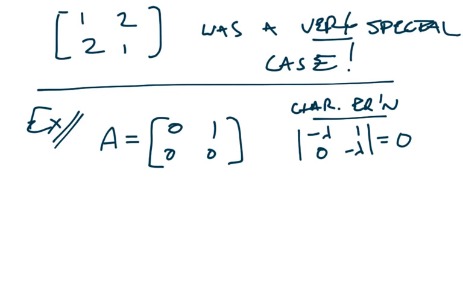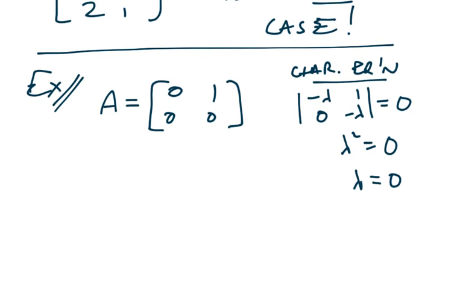And what we end up with here is lambda squared equals 0 as our entire characteristic equation. And so we only have one eigenvalue, which is 0.